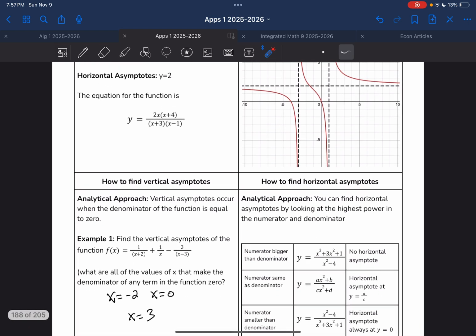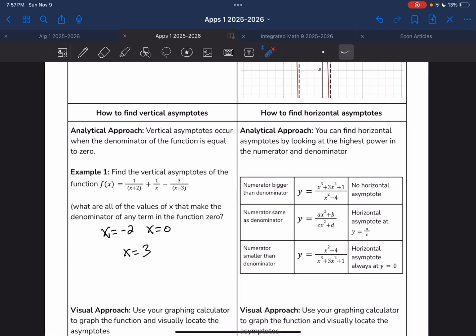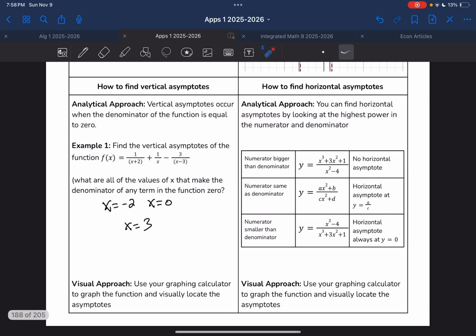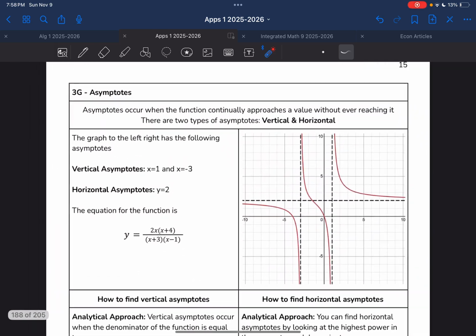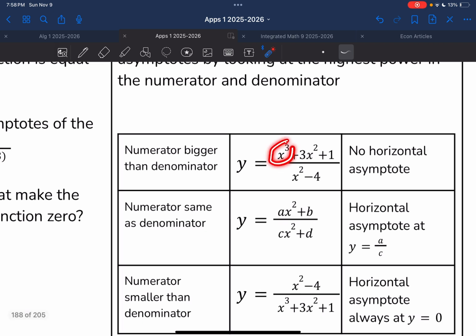The horizontal asymptotes, the analytical approach is a little bit more complicated, so it has to do with the power on the top and the bottom. For example, with this equation here, the top has a power of 3, it's a cubic function. The denominator has the power 2, it's a square function.